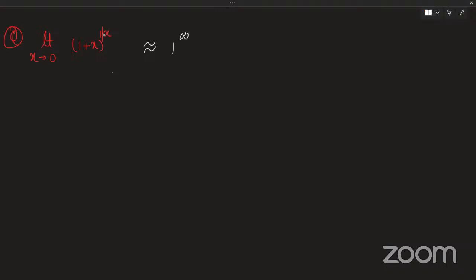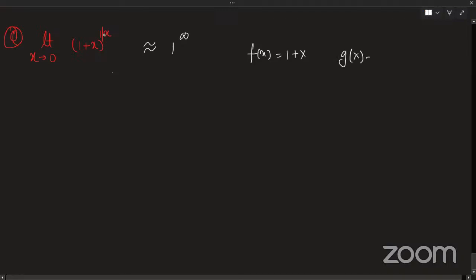So f of x is 1 plus x and g of x is 1 by x. So f of x raised to g of x can be converted to e raised to f of x minus 1 into g of x. So how do I write it? e raised to f of x minus 1. What is f of x minus 1?